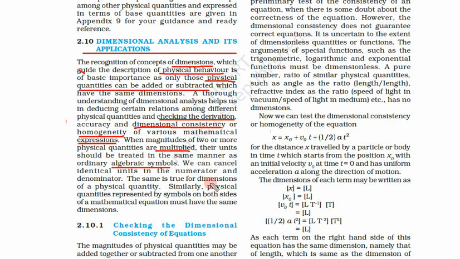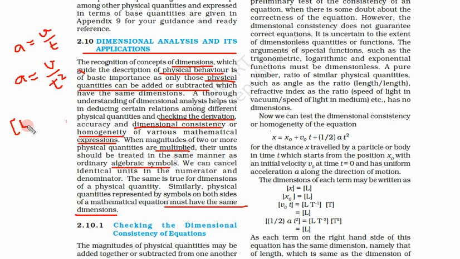The same is true for the dimensions of a physical quantity. Physical quantities represented by symbols on both sides of a mathematical equation must have the same dimensions. Suppose we have an equation: acceleration equals velocity upon time. If somebody makes a mistake and writes velocity upon time square, you do the dimensional analysis.